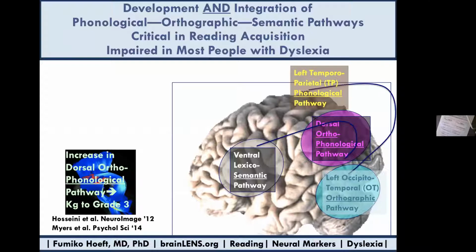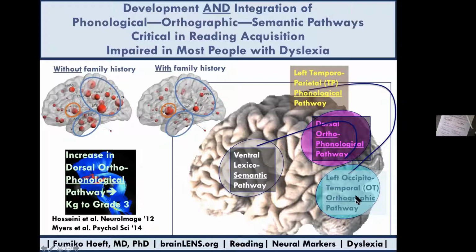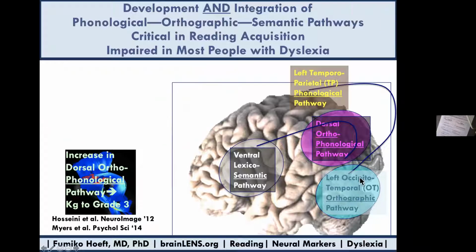So first of all, the phonological pathway is integrated and connected with the orthographic pathway. And then, sorry, I went a little faster than I was ready to. And then connects with the semantic pathway. The orthophonological pathway then is integrated with the semantic pathway.